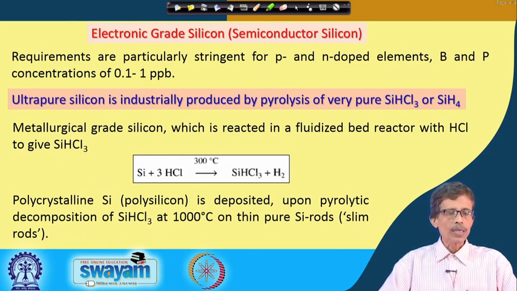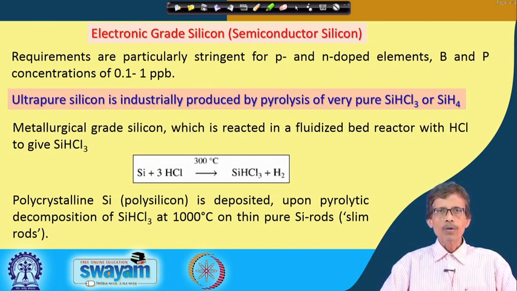Then we can have polycrystalline silicon, only silicon, also known as polysilicon, which is deposited from the pyrolytic decomposition of this SiHCl3. So, you get this compound, either from some other source or by treating the metallurgical grade silicon, and that SiHCl3 can be decomposed at 1000 degrees centigrade to thin pure silicon rods, and we call them slim rods.